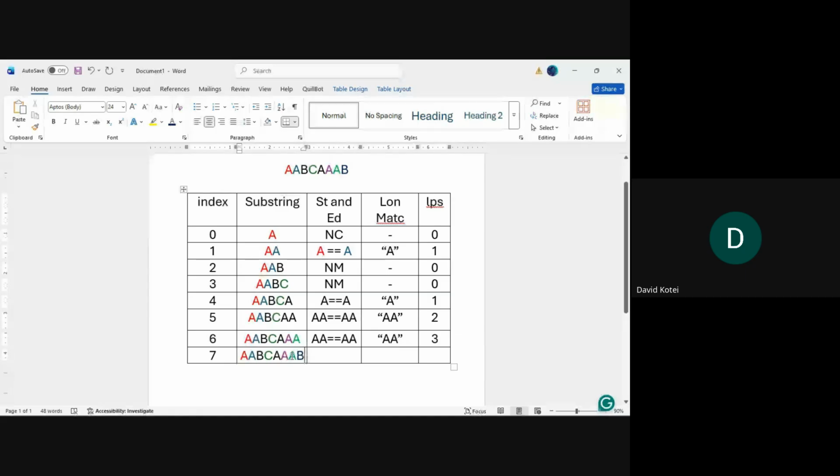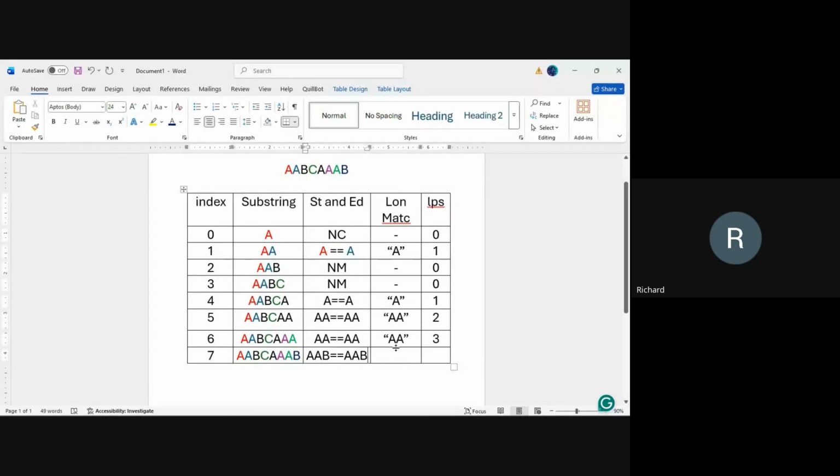So in this case, we are going to have 1 match, which is AAB. So AAB equals AAB, and then the LPS increases to 4.